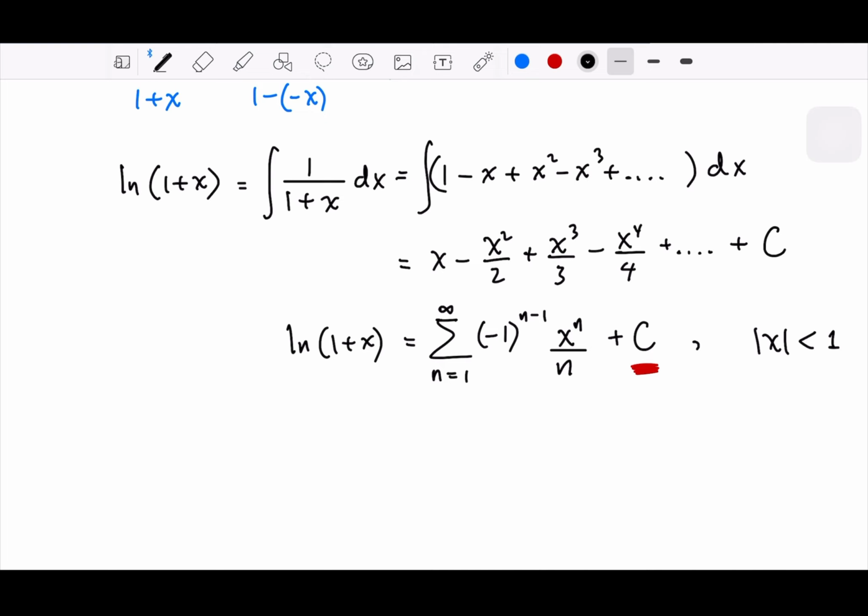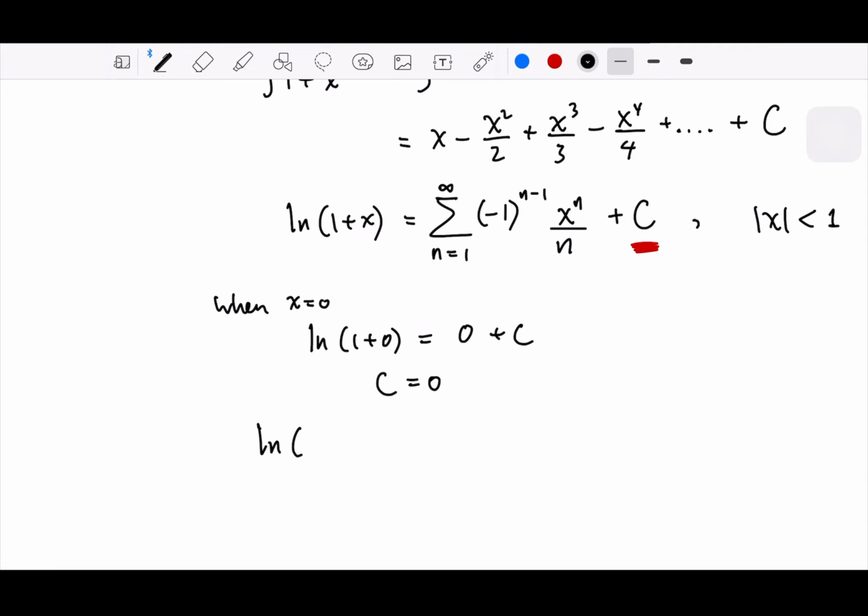So we can remove the constant. So when x is equal to 0, ln of 1 plus 0 is 0 plus c, so c is 0.